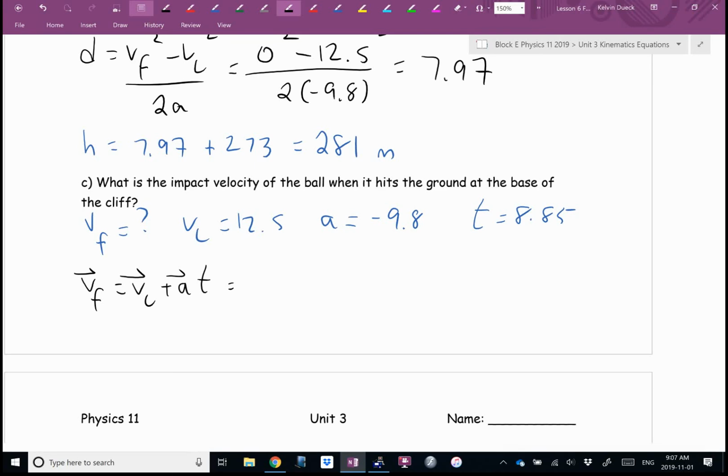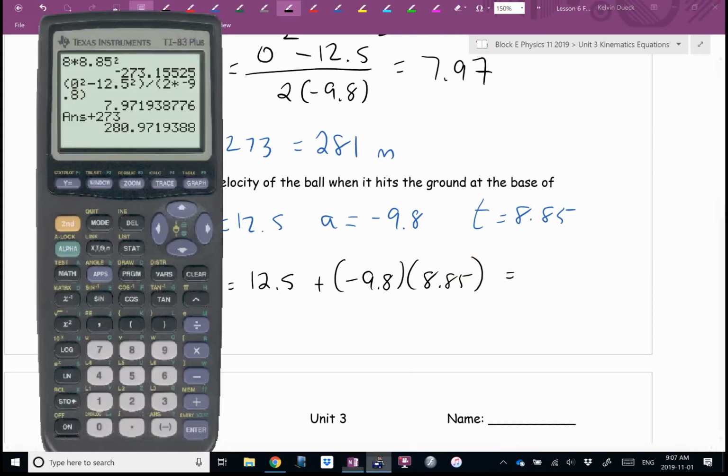If I got a positive, I would get worried. 12.5 plus negative 9.8 times 8.85. Oh, I forgot the 12.5, Mr. Duke. That was dope. 12.5 plus negative 9.8 times 8.85. And I do get negative 74.23. I'll go negative 74.2.